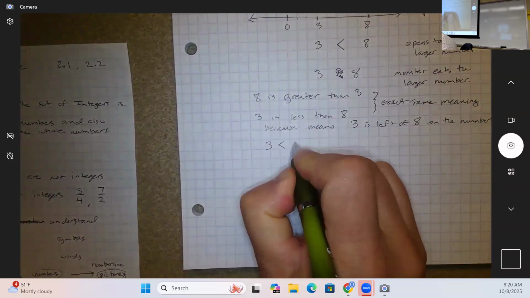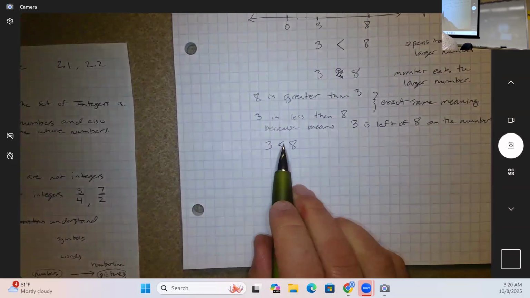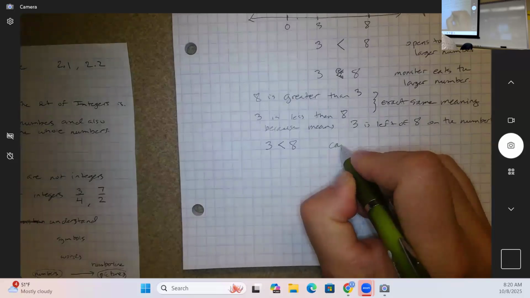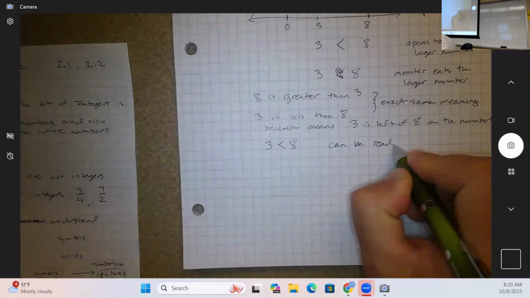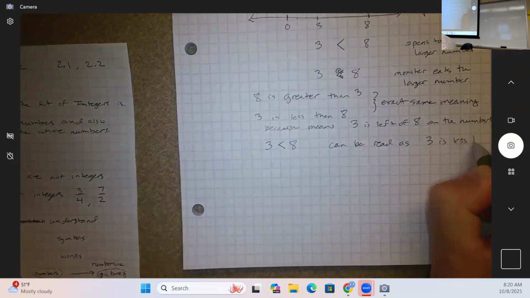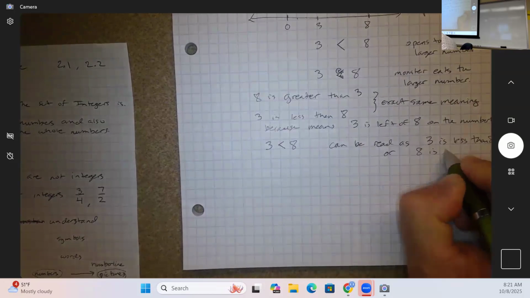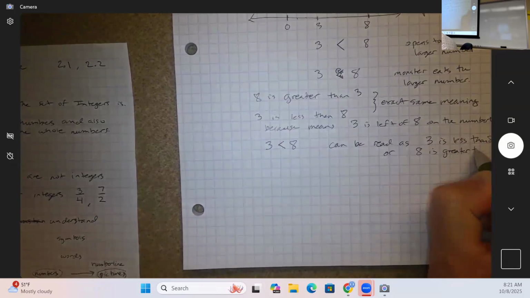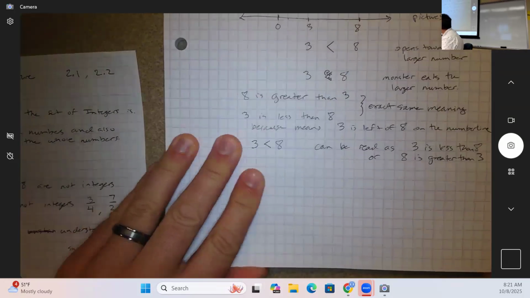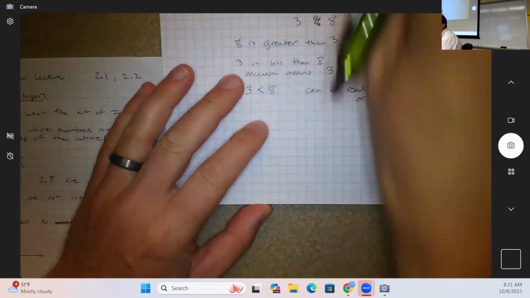Here's my symbols again. 3, and then the symbol, and then the 8, can be read as 3 is less than 8, or 8 is greater than 3. Starting to get into can't-see-it territory. There we go.